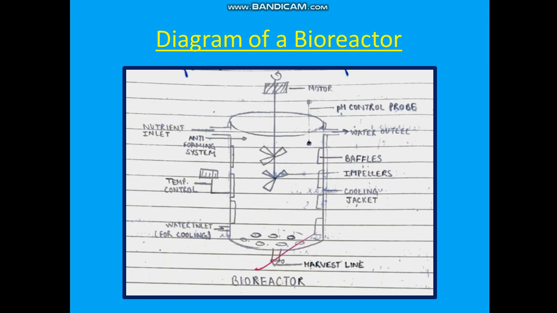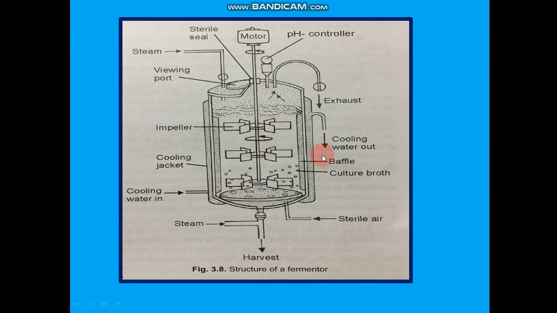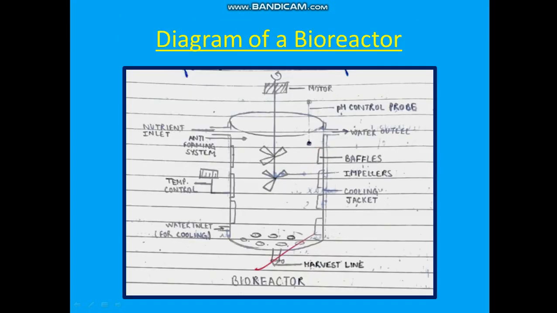Now inside, you can see the baffles. Can you look at the baffles on the walls of the fermenter? There are small rectangular things which are coming out, these portions here. These portions are baffles.